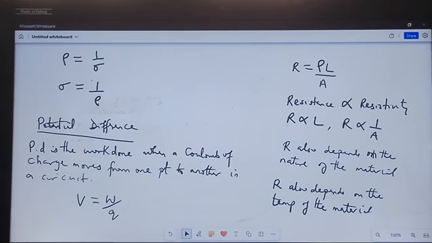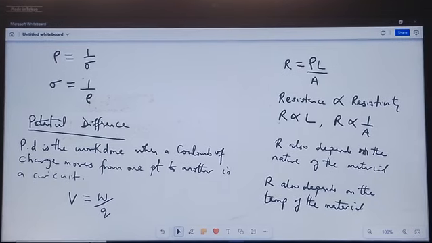So that will take us to combination of resistors. I'm going to wipe what is on your screen so that we can look at combination of resistors.